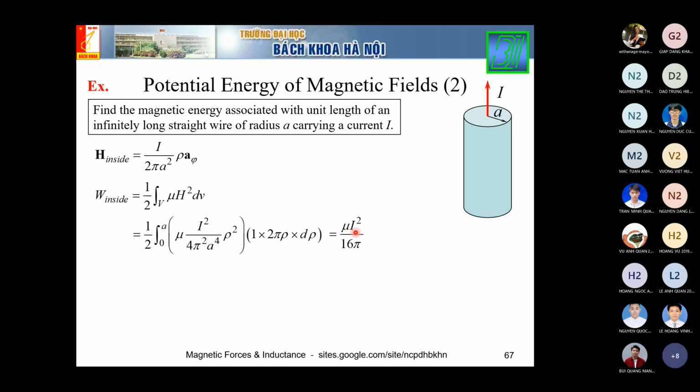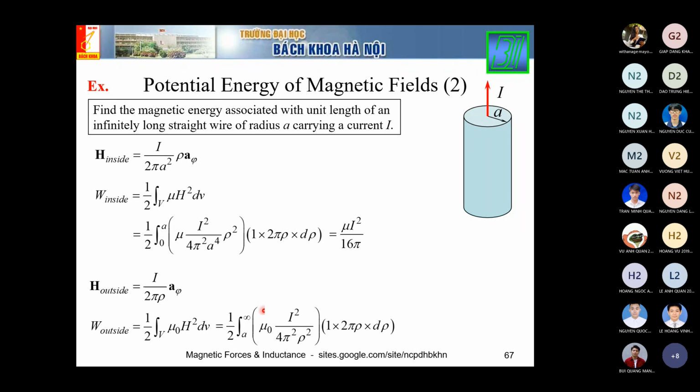Now we need to consider the exterior volume. In the exterior of this conductor, we found this, and if we apply it to the energy stored in the magnetic field, we will come to this result.